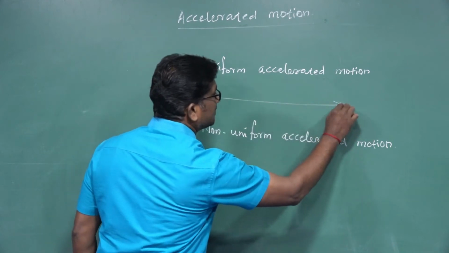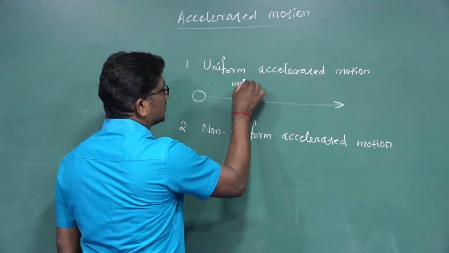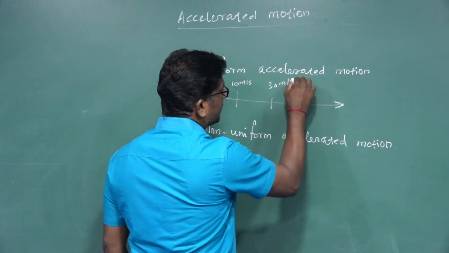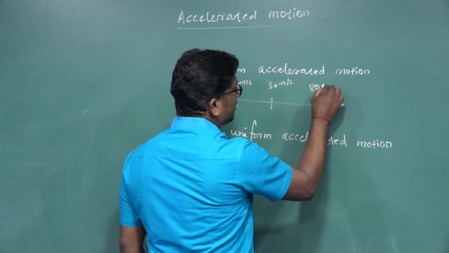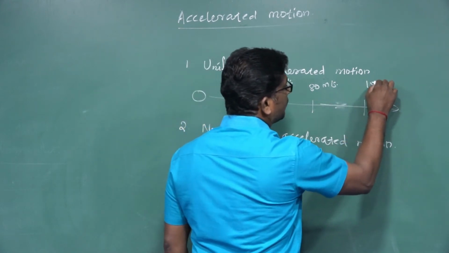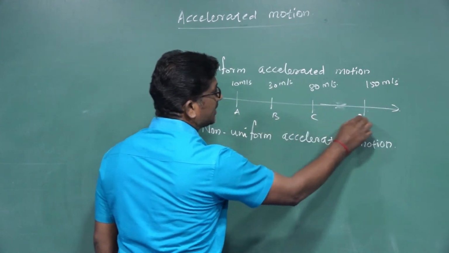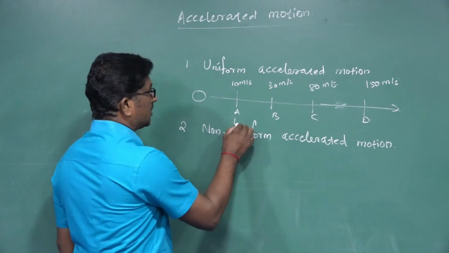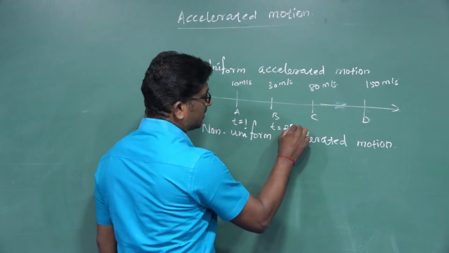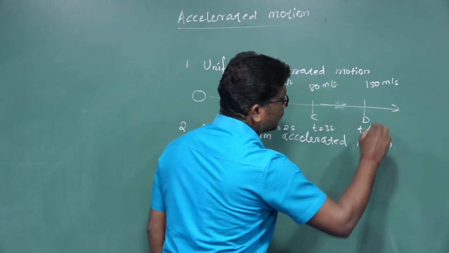Once again, we consider an object which is moving along this direction with different velocities, for example 10 meter per second, 30 meter per second, 80 meter per second, and 150 meter per second, at the points A, B, C, D respectively, at time t equal to 1 second, t equal to 2 seconds, t equal to 3 seconds, and t equal to 4 seconds.